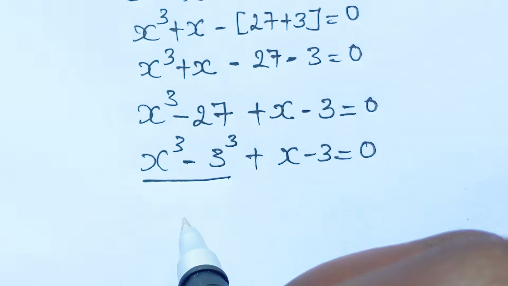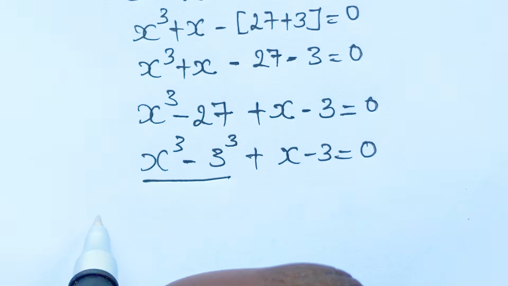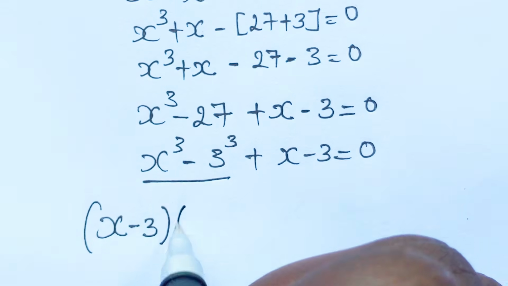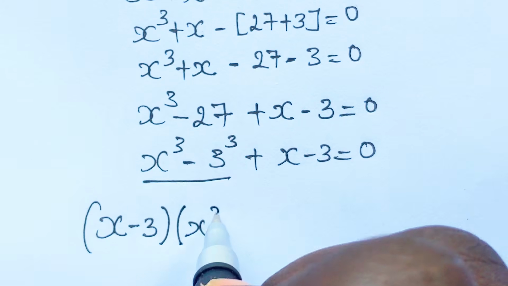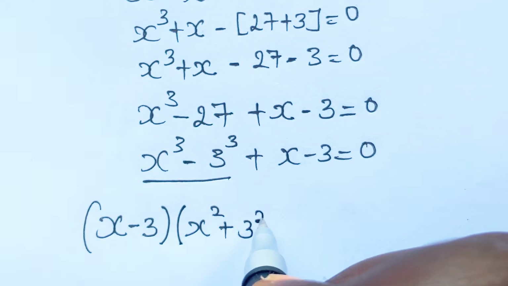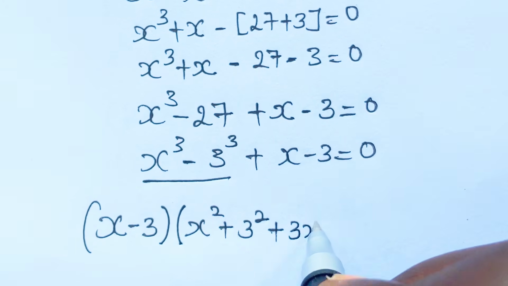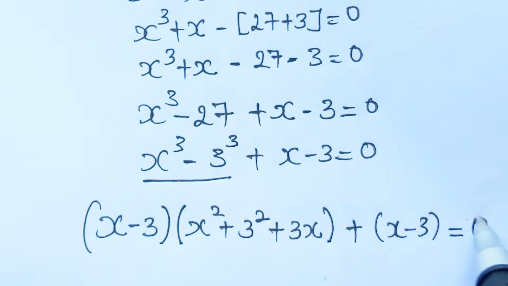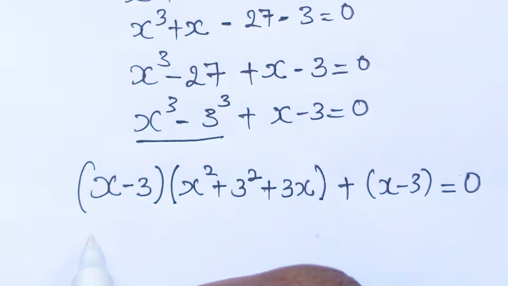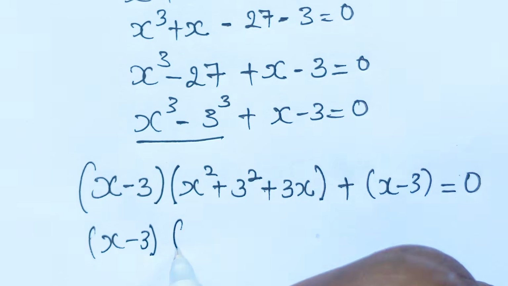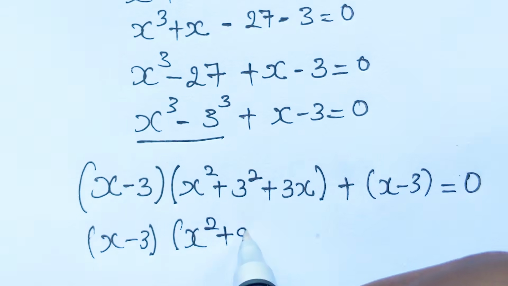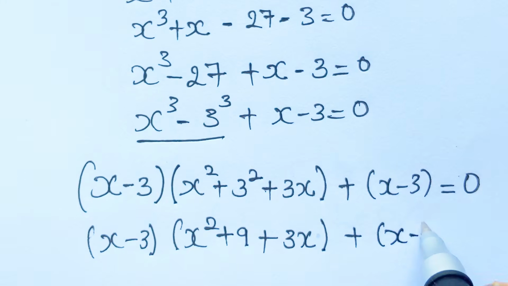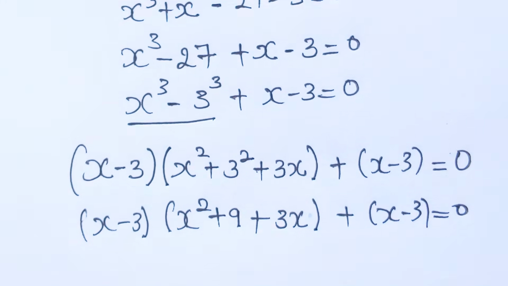By dealing with this one, we shall say x minus 3 times x squared plus 3 squared plus 3x, then plus x minus 3 is equal to 0, then x minus 3 times x squared plus 9 plus 3x plus x minus 3 is equal to 0.